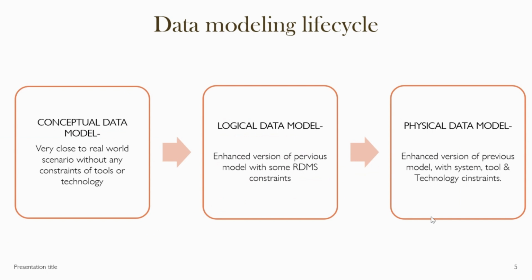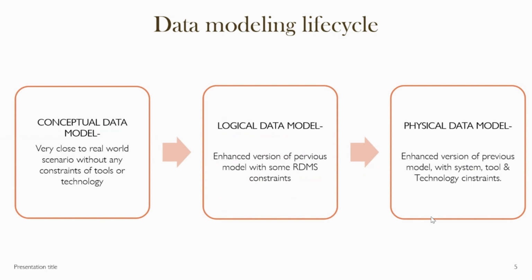The data modeling life cycle, as I said, is the different phases of a data model. Once we create a data model, it will go through various phases to actually be implemented in a particular software. So first is the conceptual data model. Conceptual data model means a model which is very near to reality.